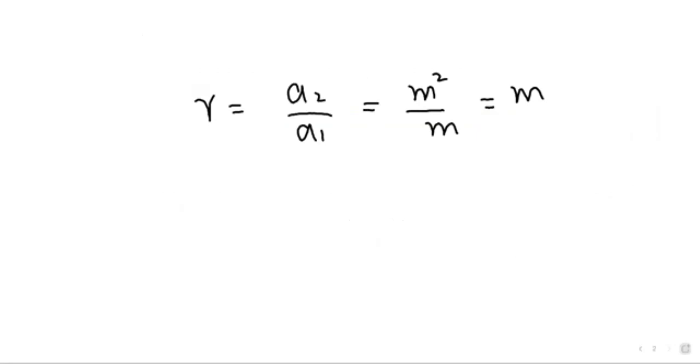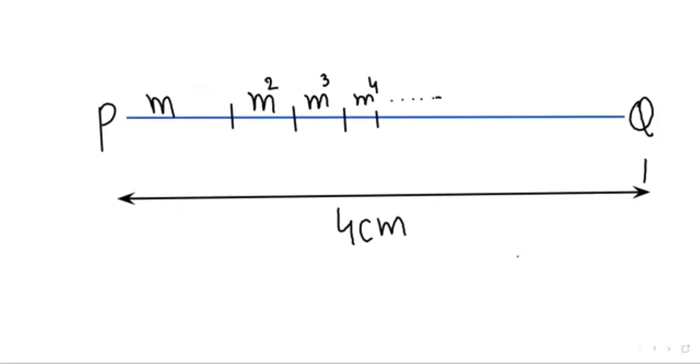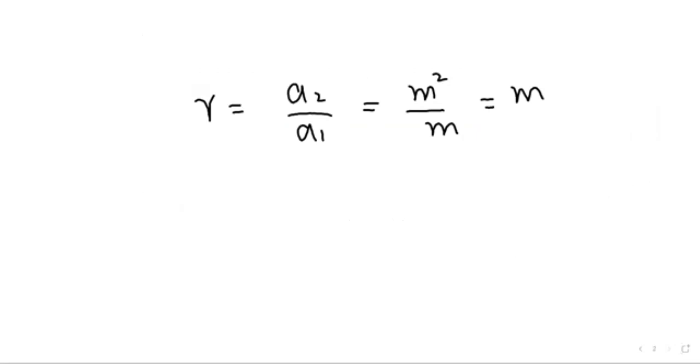So this length is supposed to be infinite, so we can use the infinite sum. The sum of infinite terms in a geometric sequence is given by A over 1 minus R. So if we sum this infinite length, it is given as 4 centimeters.